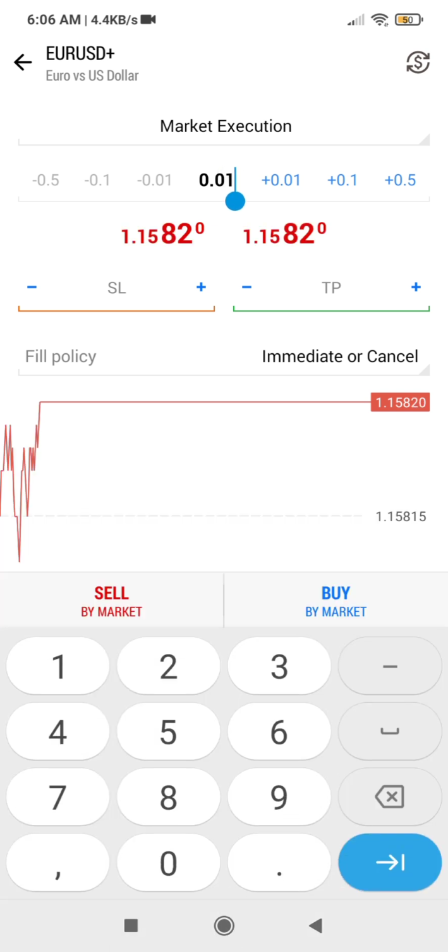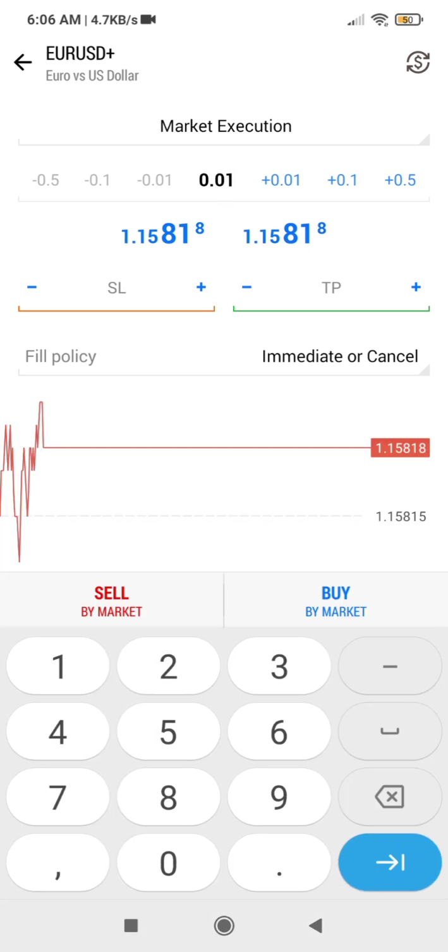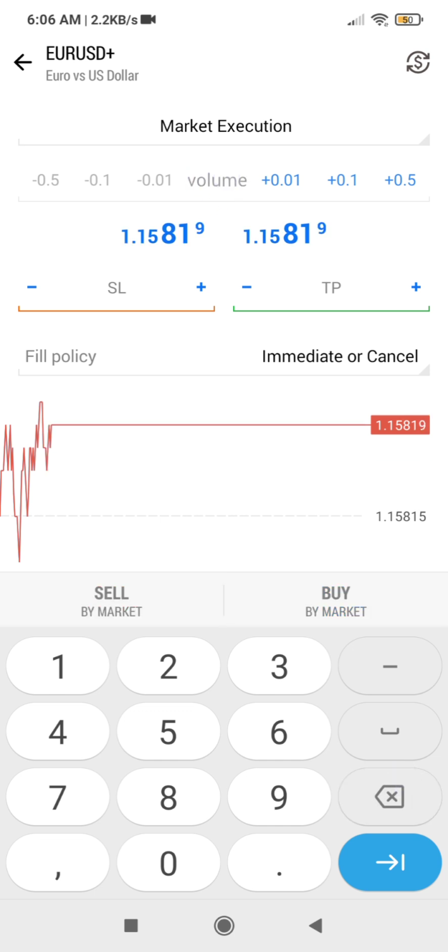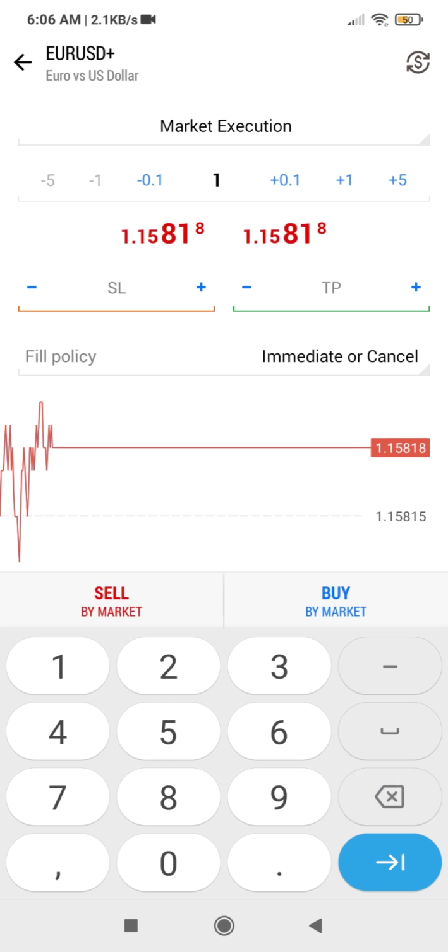If I want to enter any position, the lot size that I want to enter, you are going to enter under this volume aspect. So you can enter 10 lots, or 1 lot, or 11 lots. Whatever lot size that you want to enter, you are going to enter here.